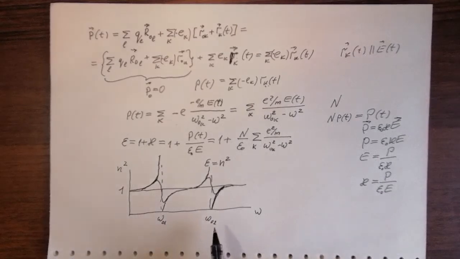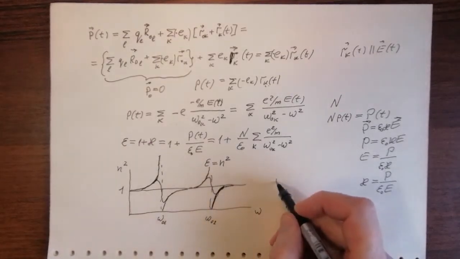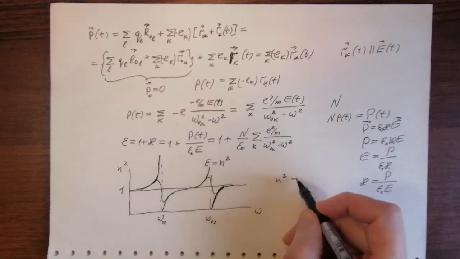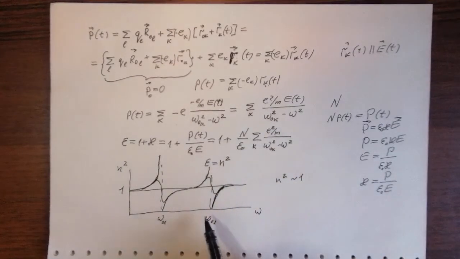And if we are far from these resonance frequencies, we see that in this case n squared is close to 1. And in the vicinity of these resonance frequencies, we have a different situation.